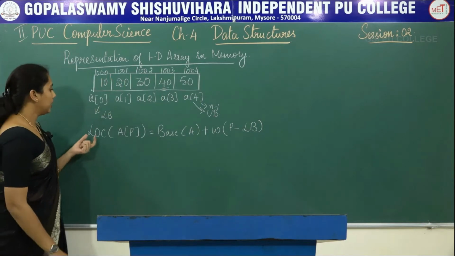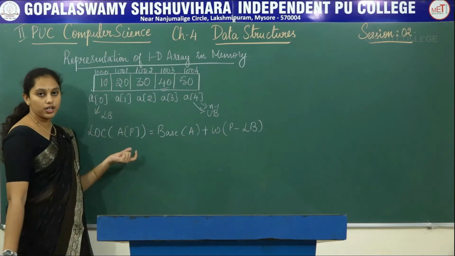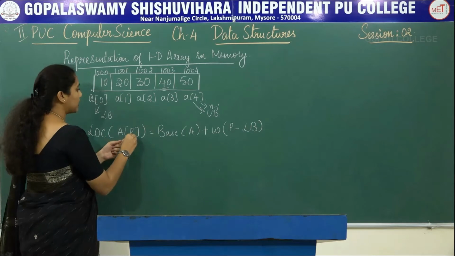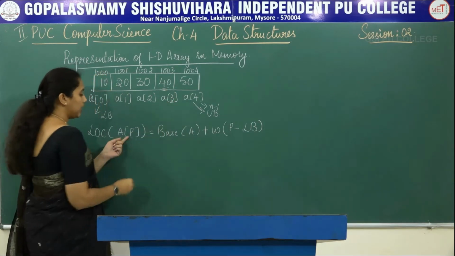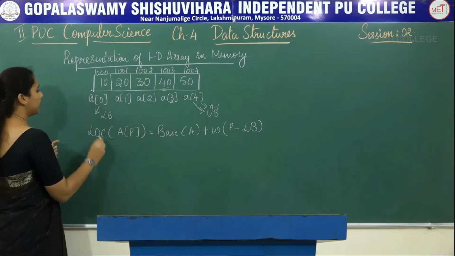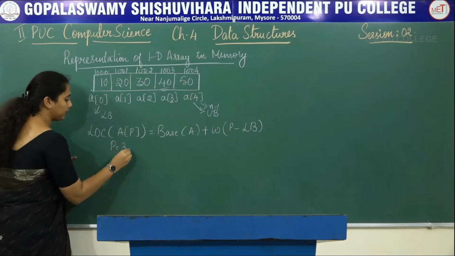Here location is the location of an element, and P is the position of the element. The position of the element is 3, so the value of P is 3.